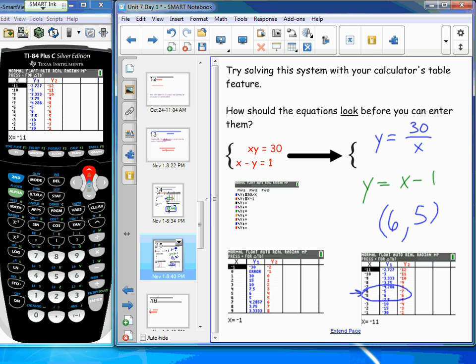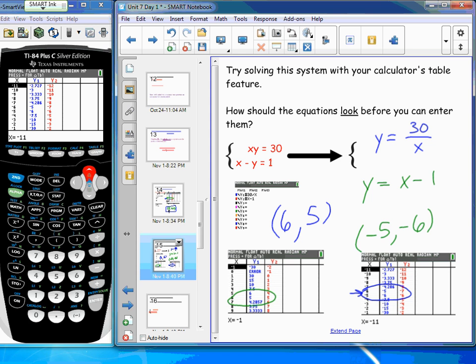And 6 was paired with 5. Awesome. So we've got 6, 5, and we've got -5, -6.